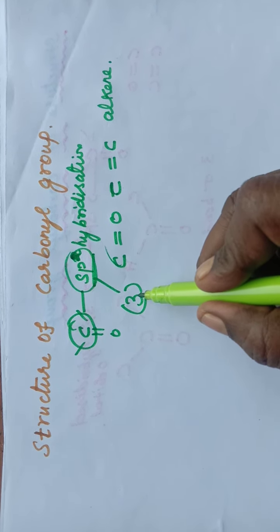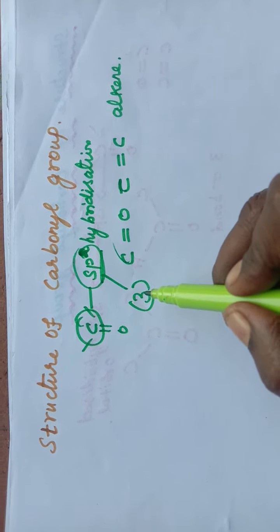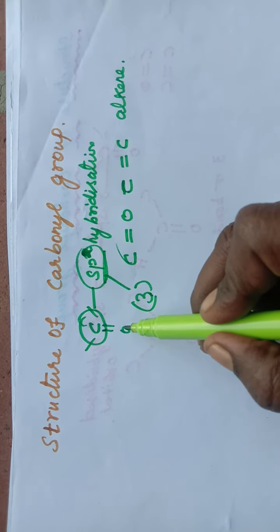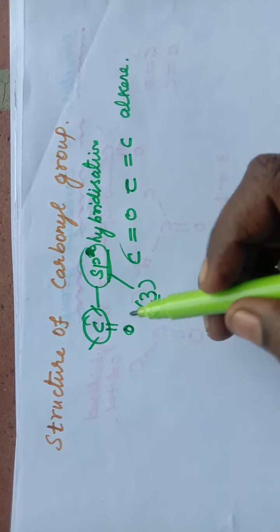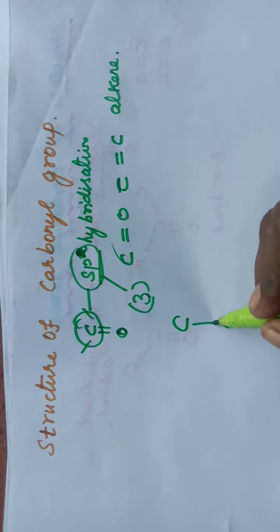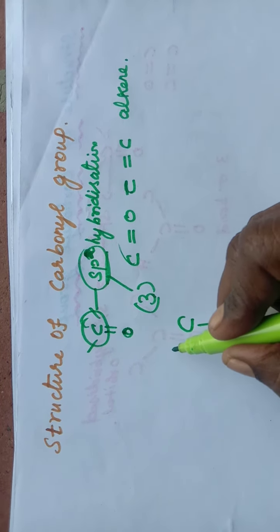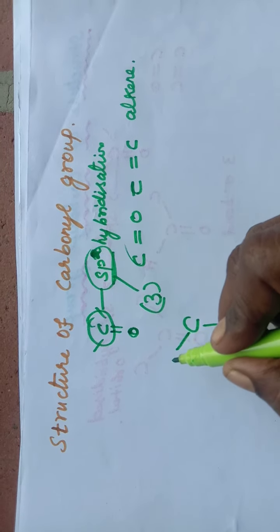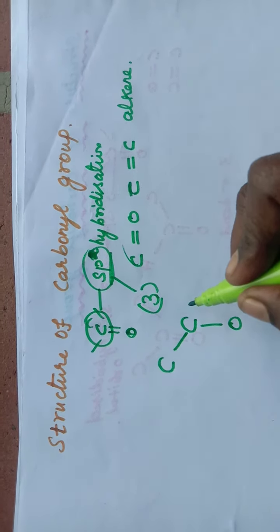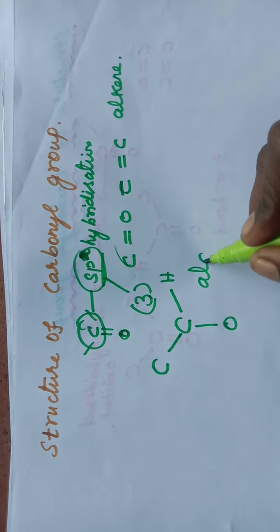Among these 3 hybrid orbitals, one overlaps with the oxygen atom and forms a sigma bond, the carbon-oxygen sigma bond. Of the other two, one overlaps with the carbon and another overlaps with the hydrogen in aldehyde.